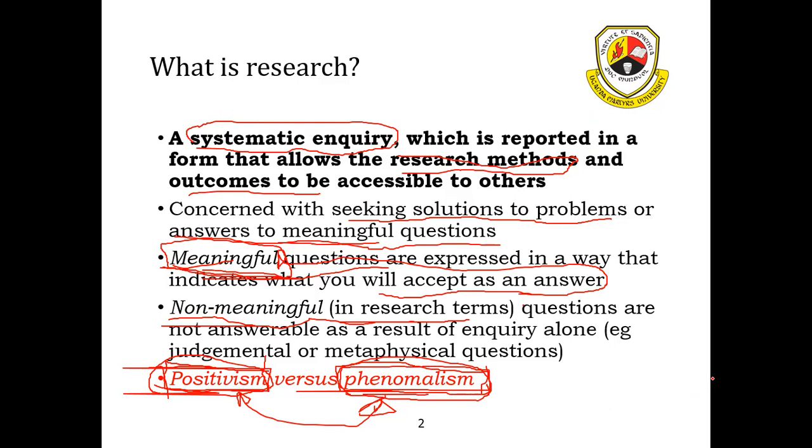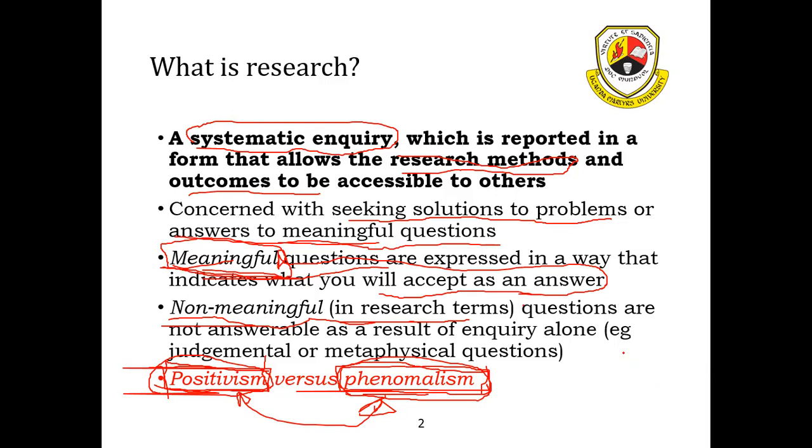Let me replicate this research in a similar context and see if I get similar results. And once the results are affirmed, and then a third researcher also does the same thing, this becomes a truth. So it becomes a research question for several researchers until several researchers prove the same thing, then it becomes a truth.